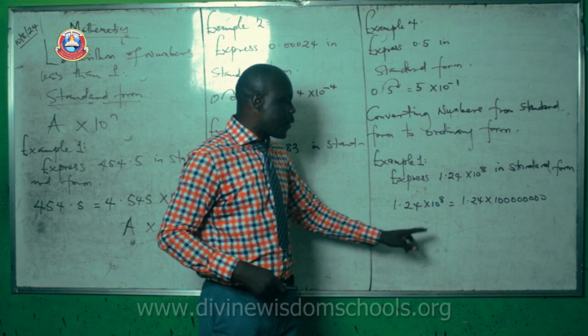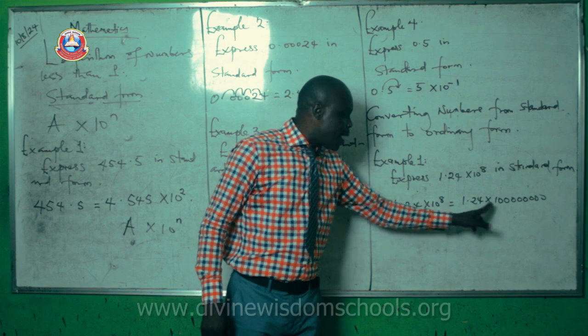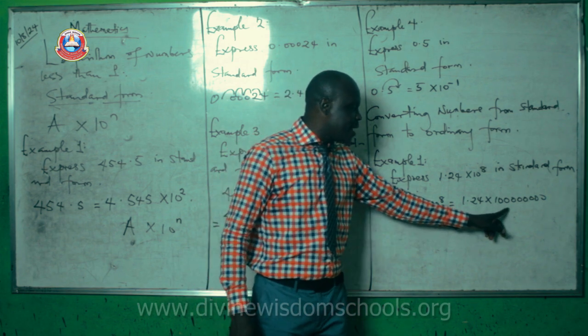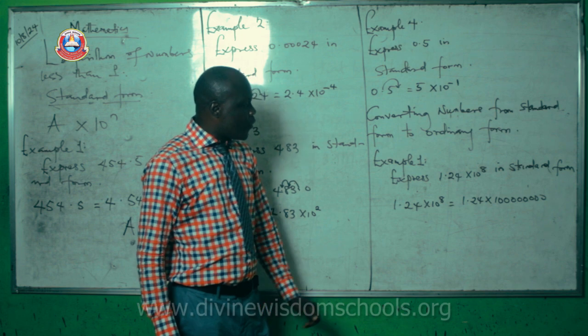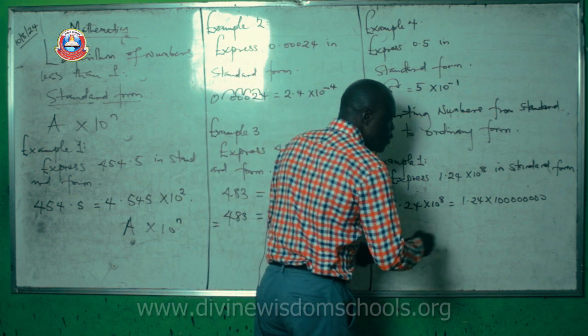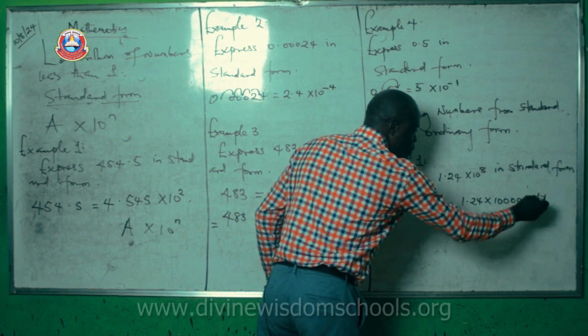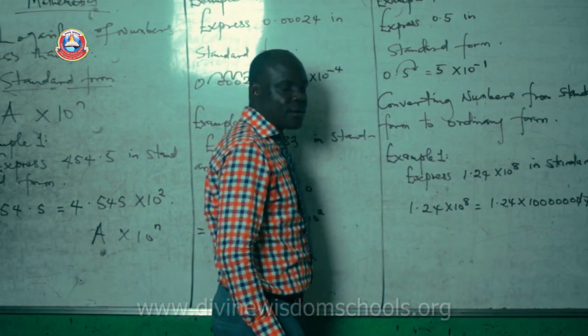So we have expressed 10 raised to power 8 by putting 1 and expressing 8 zeros. So, for you to move the decimal point, you simply knock off these 2 zeros here because you have 2 digits here before the decimal point.